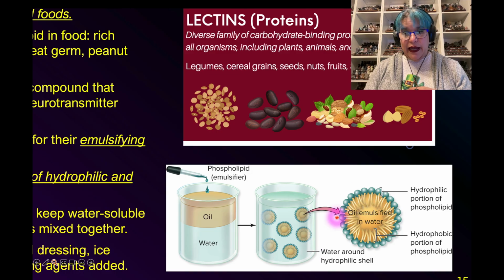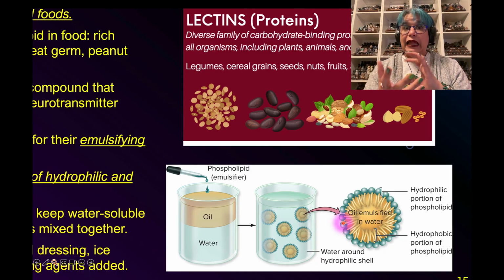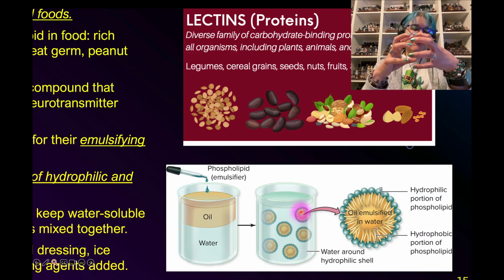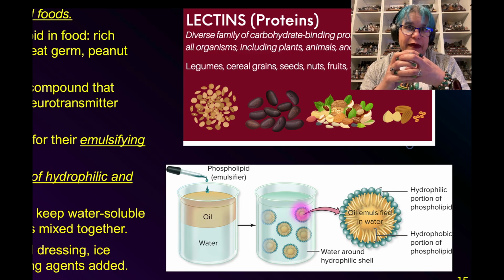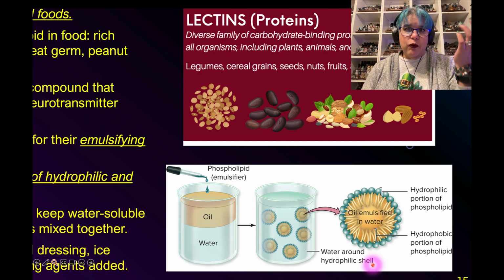Now the outside is all of the heads of my phospholipids. All along the outside, I like water. So when I have this in water, the emulsifier can actually surround and kind of create a little chamber for my lipids inside of it, and it'll float inside the water because the heads don't mind being around water.